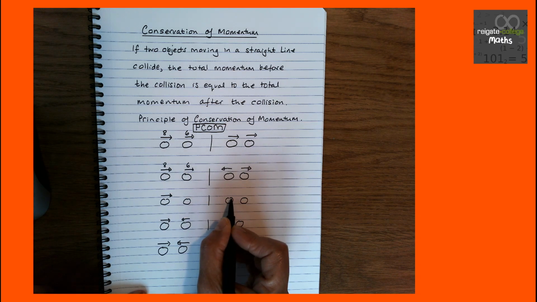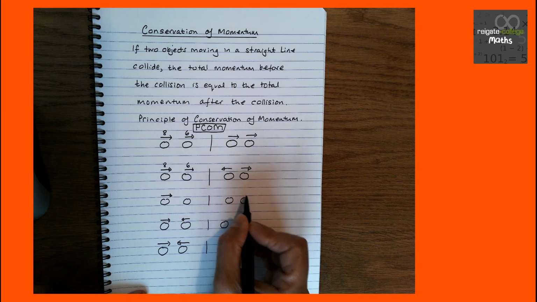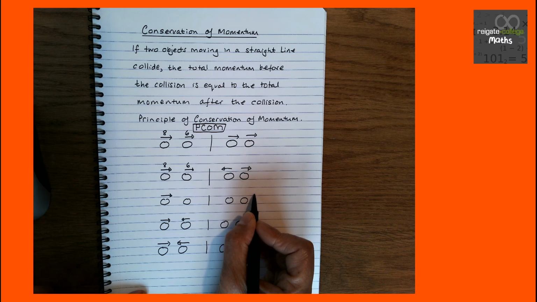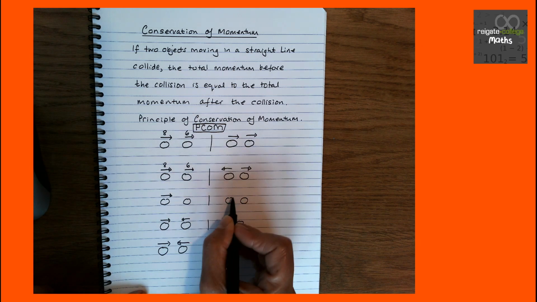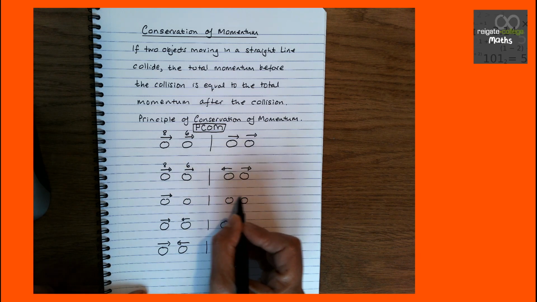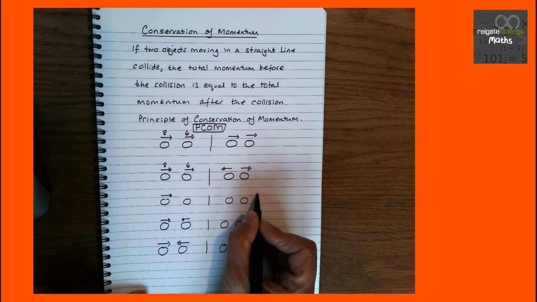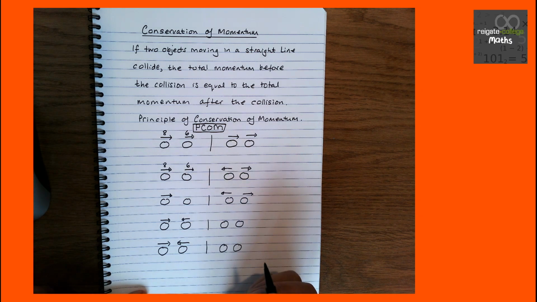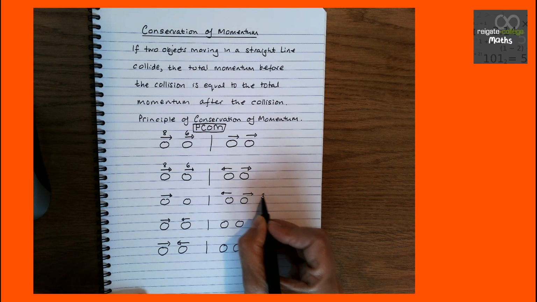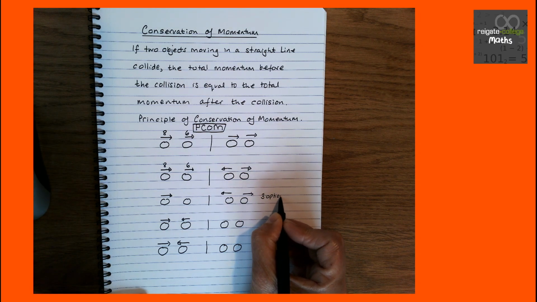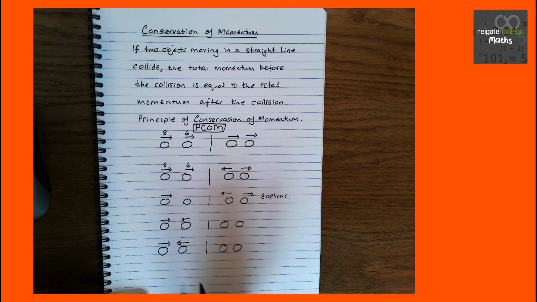This particle may stop and this one will move in this direction. Or if this mass was large, depending on the velocity here, then you might have this second particle moving this way and the first one being reversed. So there are three options here that you might need to consider.